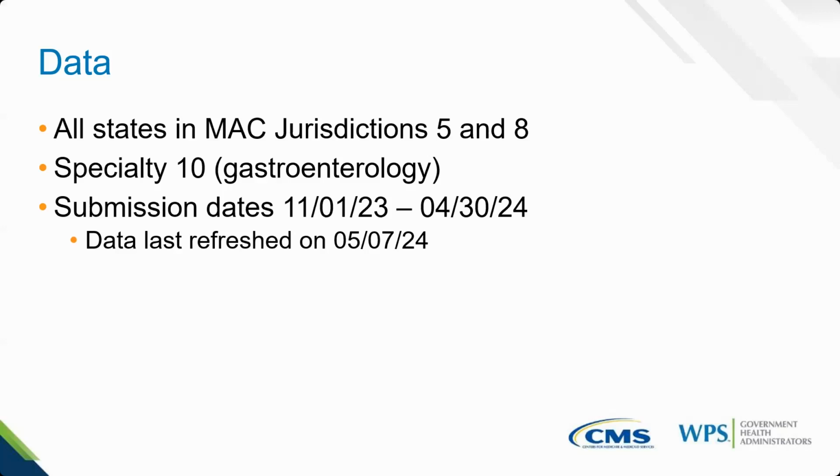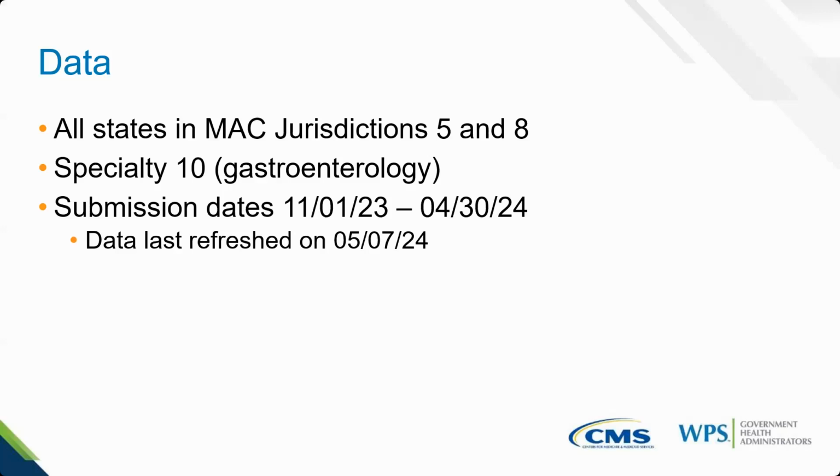Now, this data that I pulled from this dashboard, this tool that I used, was last refreshed on May 7. And what that means is that any gastroenterologist that submitted a claim in our jurisdictions 5 and 8 that falls into those claim submission dates, but after May 7th, won't be included in this data.